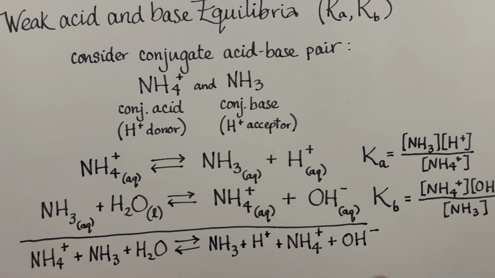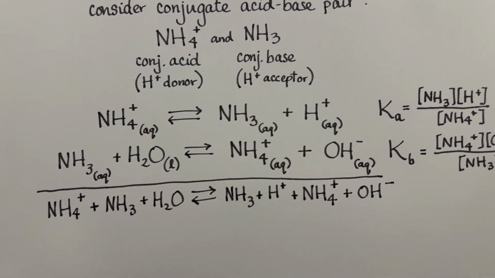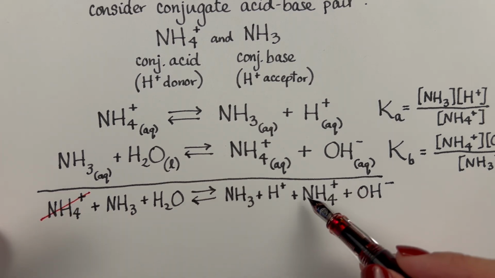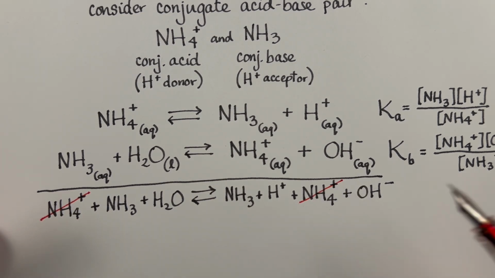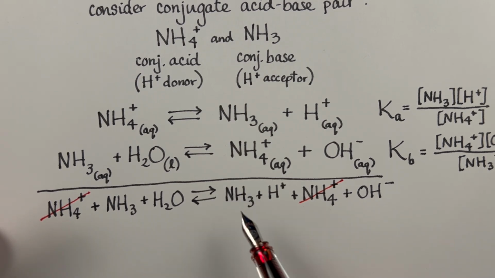Okay, so now look what we can do. We can make a matter pen here. We can recognize that ammonium, NH4 plus, is on both sides. So we can cancel that out. What else appears on both sides? Ammonia, NH3.